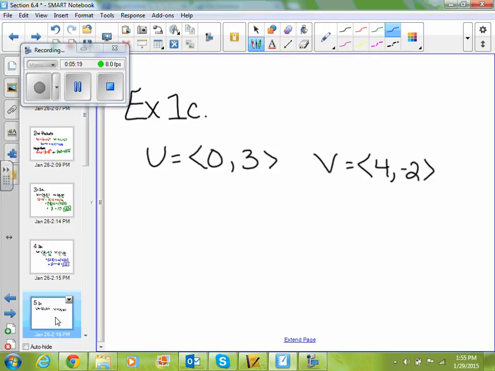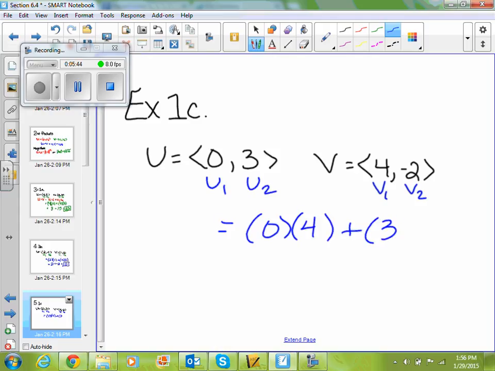Alright, if I look at vector 0, 3 and vector 4, negative 2, and I go to find the dot product, my u1 is 0, and my v1 is 4.